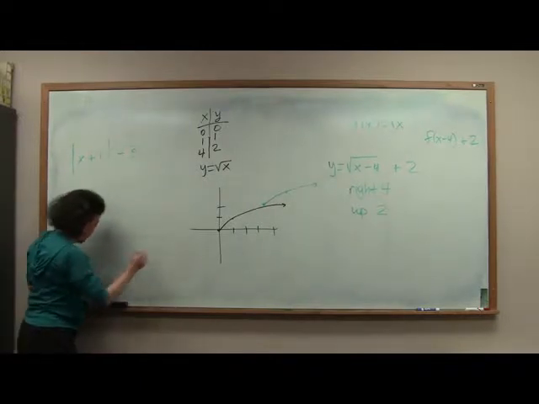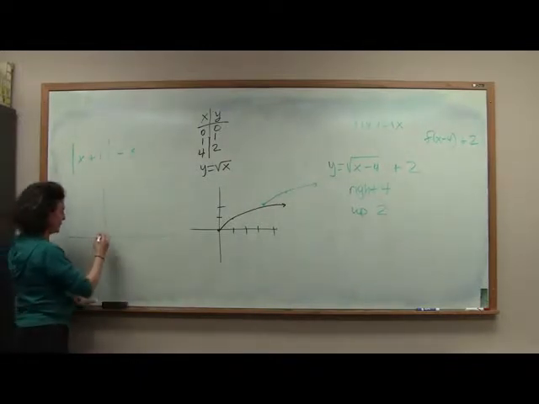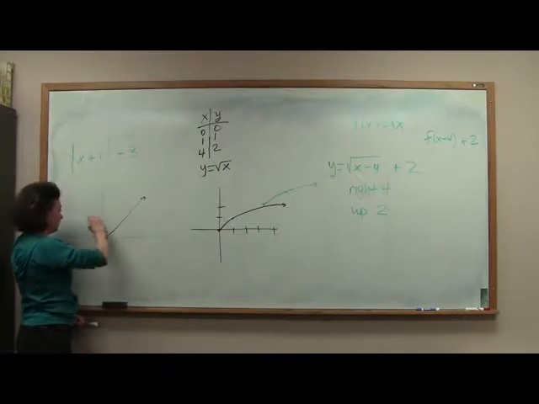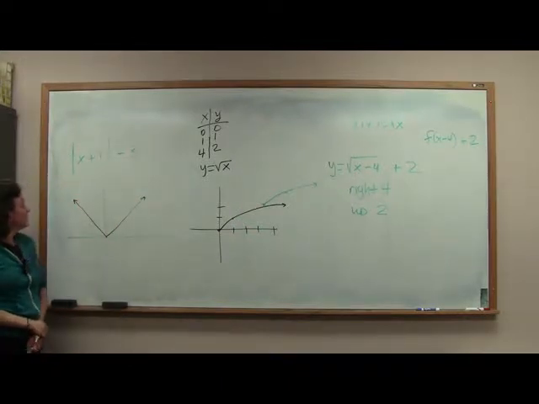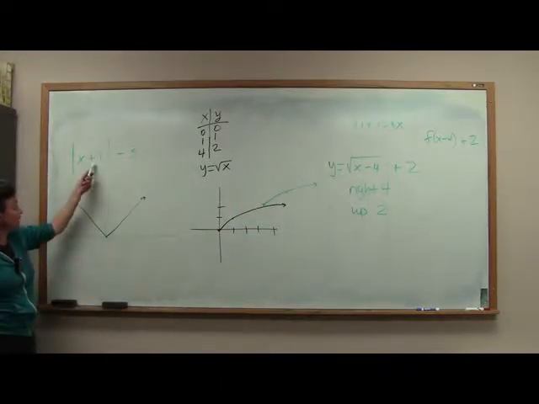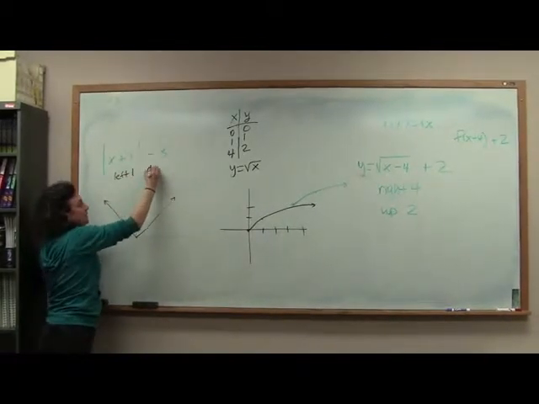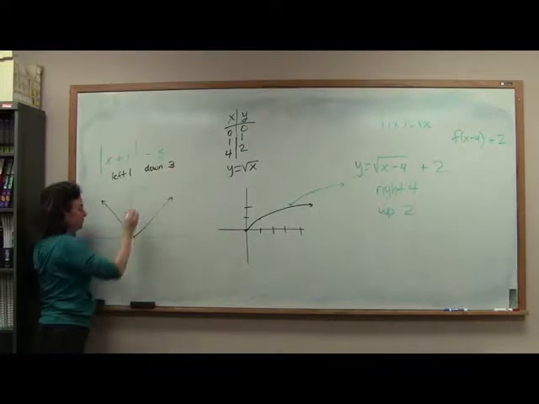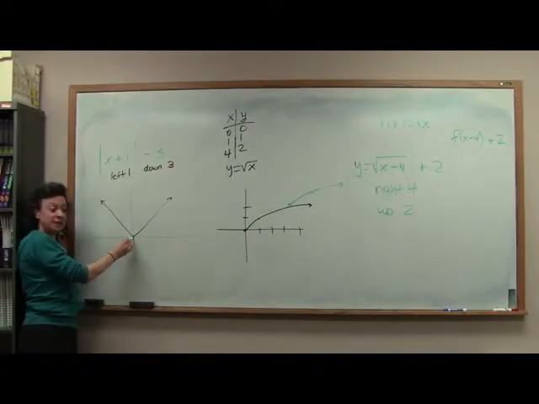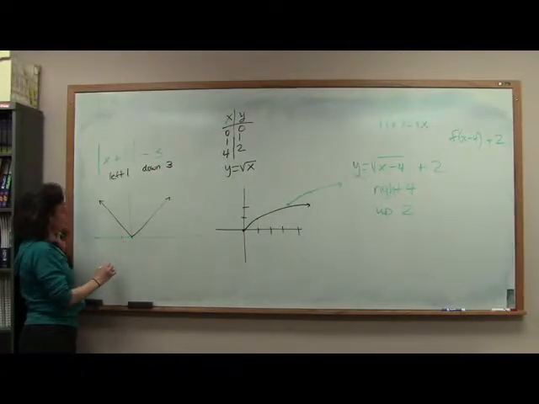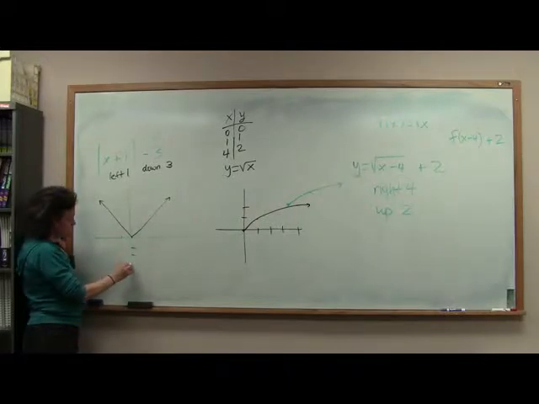We know what our basic absolute value function looks like. Doink, doink. So what do our shifts tell us? This says left 1, and this says down 3. So take a point on your graph, move it left 1, and then down 3, and there we go.